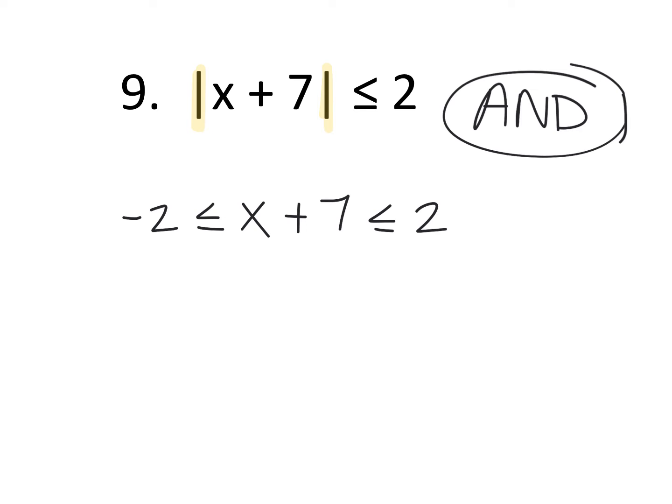Okay, this is an and inequality, and so we solve this inequality all together. I see +7, so I should do the opposite and subtract.